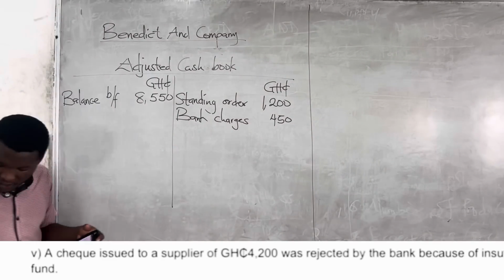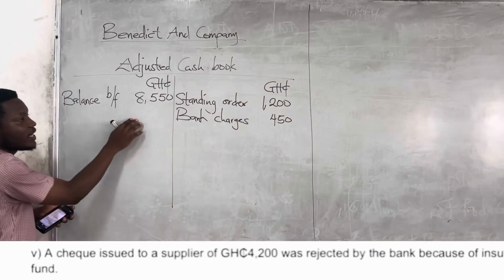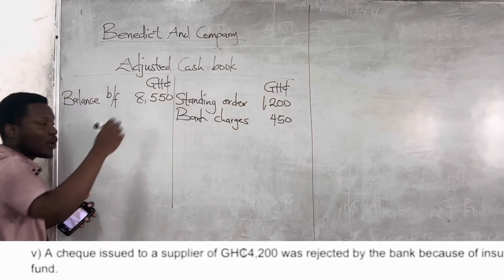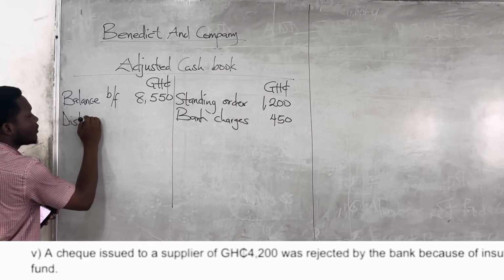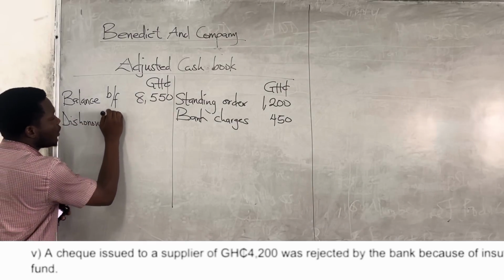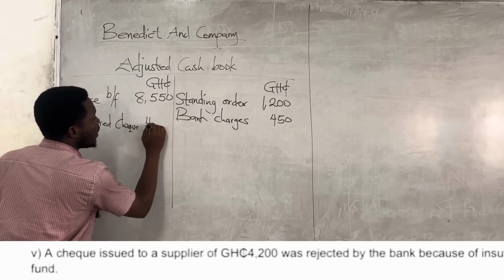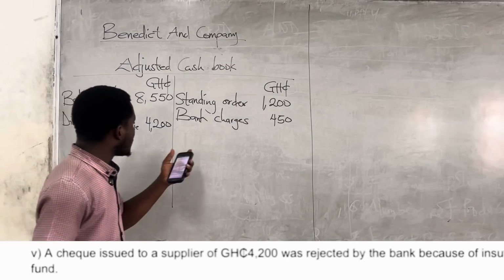So the dishonored means we have to credit our account because at first we paid for it. So we have to credit our adjusted cash book so that it can cater for the 4,200. So we have dishonored check, which is 4,200. So the 4,200 is there.